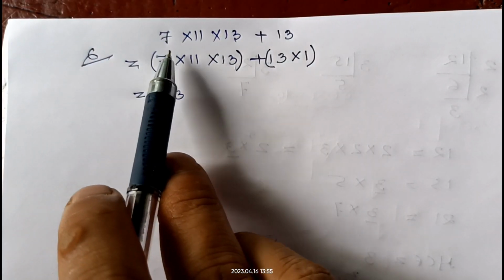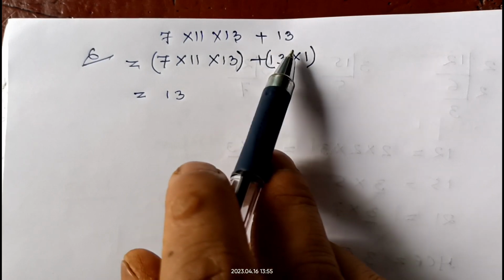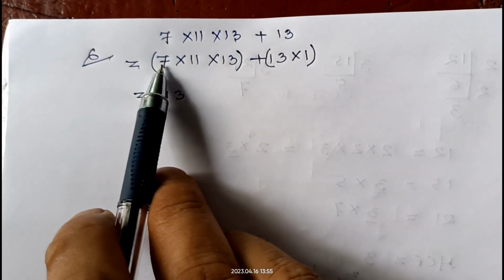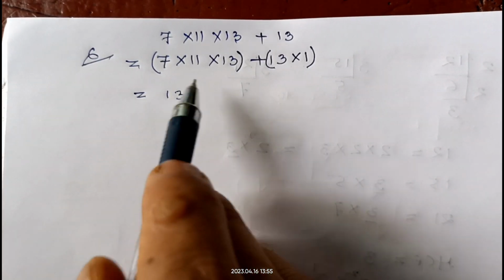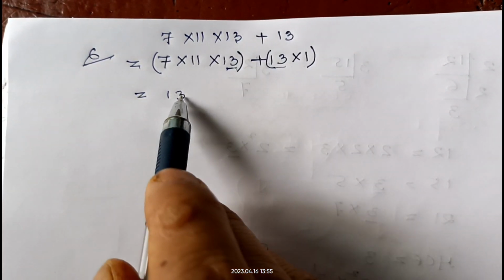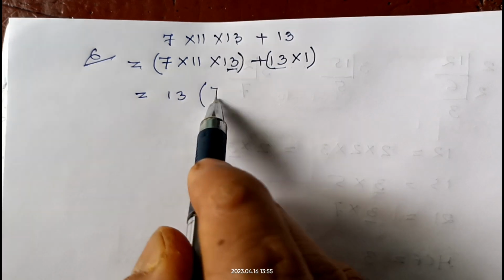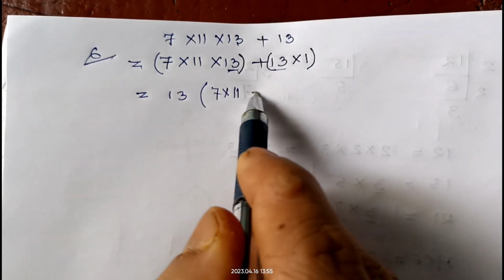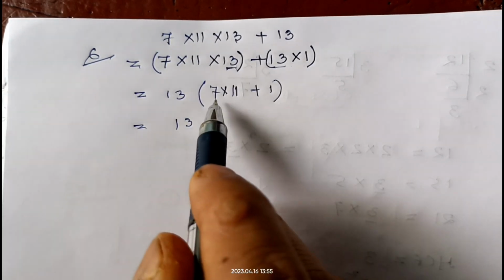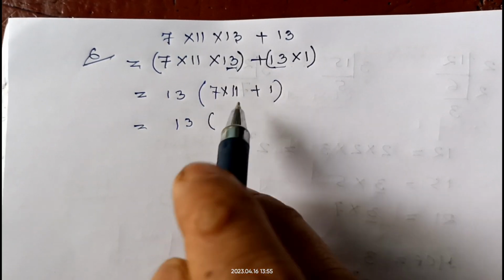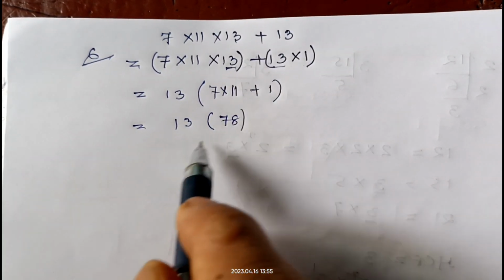Here the question is 7 into 11 into 13 plus 13. Now we can consider 7 into 11 into 13 plus 13 into 1. From here 13 is common, so we can write it outside. So we are left with 7 into 11 plus 1. So it will be 13 within bracket, 7 11 is 77 plus 1, 78.